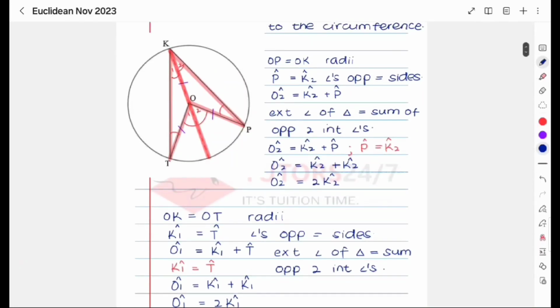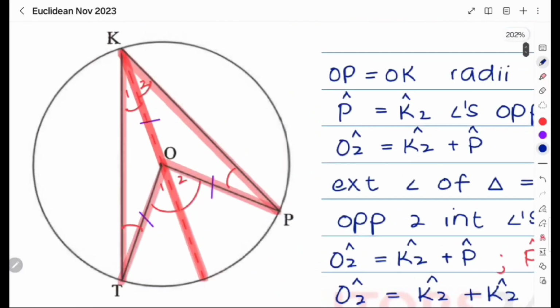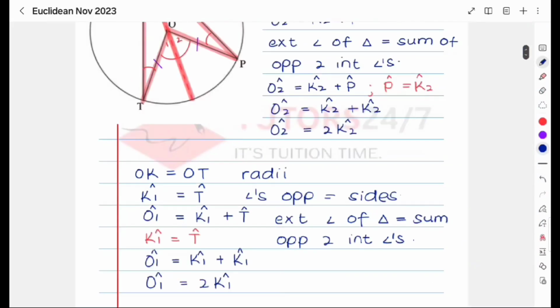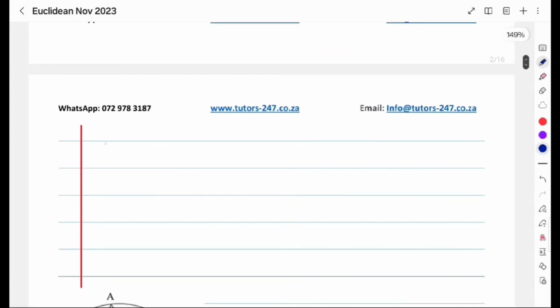Now, if you remember the original question, we needed to find TOP, not just O1 and O2. So to find TOP, you can clearly see that TOP is made up of O1 and O2. So here we are going to state the angle TOP is equal to the angle O1 plus the angle O2.